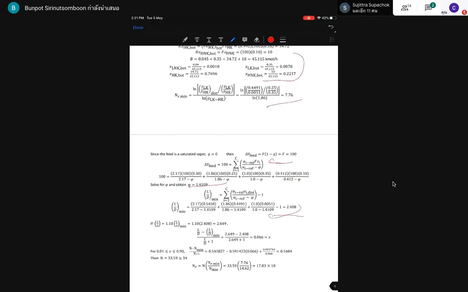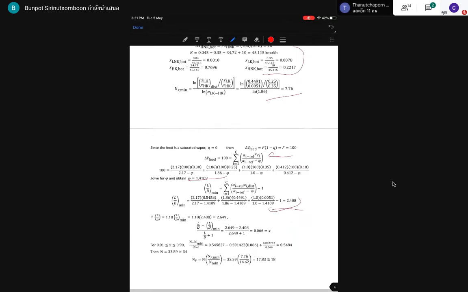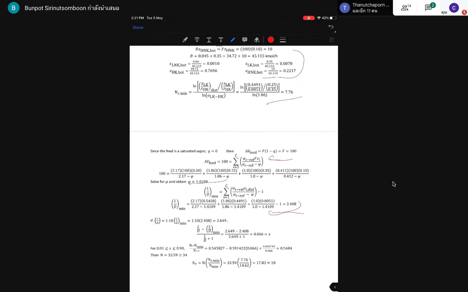I didn't exactly use the Gilliland chart. I used the fitting equation to solve for x, and from x I can solve for the actual number of stages, and then use this ratio relationship to find the feed location, which is 18.